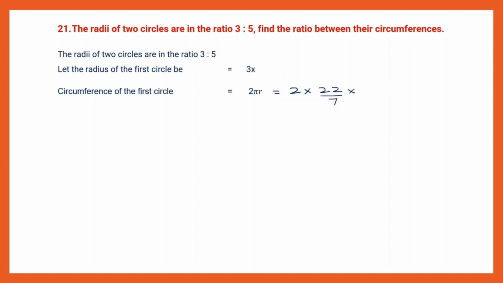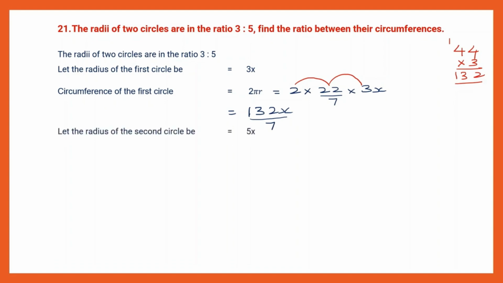The radius of the first circle, which is 3x. So now let's multiply. 2 into 22 is 44. 44 into 3x. So 3 fours are 12, carry 1. 3 fours are 12 plus 1, 13. So that's 132x by 7. This is the circumference of the first circle.